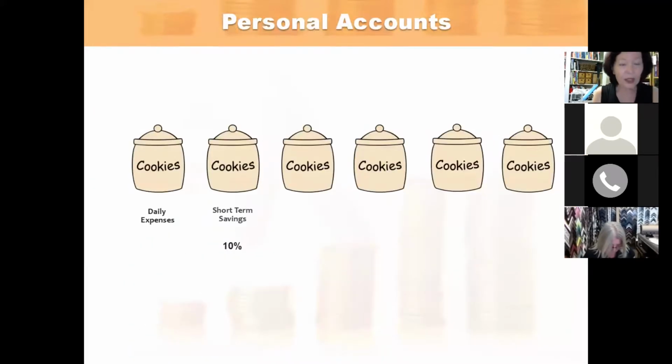The second cookie jar is going to be for short-term savings. You want to put 10% of what went into daily expenses into the short-term savings account. This should be a savings account that is separate from your first account, one that's not so easy to just move the money back and forth.